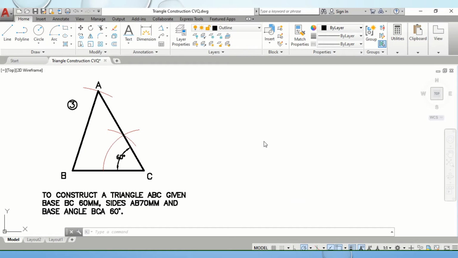Now for our third construction, we're going to be constructing a triangle ABC when given the base BC 60 millimeters, side AB 70 millimeters, and base angle BCA 60 degrees. So let's get started. Start with a line for the base.